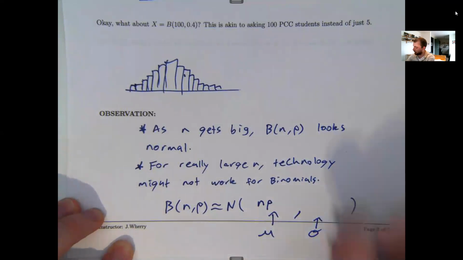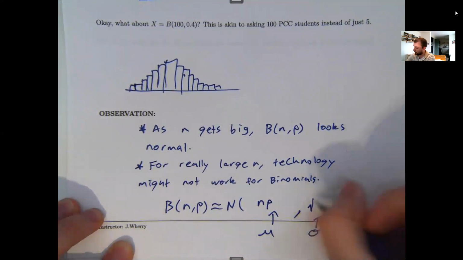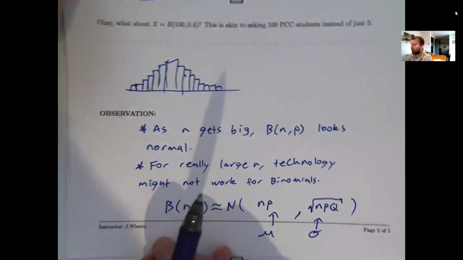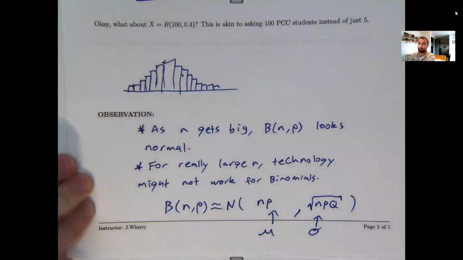And my standard deviation will be the square root of n times p times q. This is called the normal approximation for binomials, and it links together my two big models that I deal with in Math 243. Let's practice this quite a bit together here to get used to this new formula.